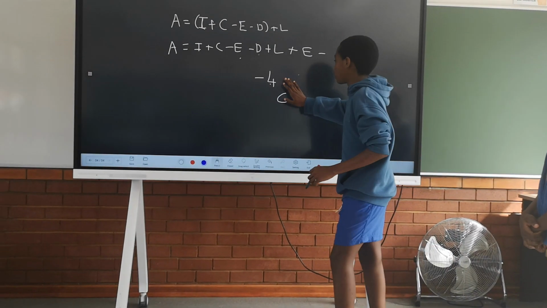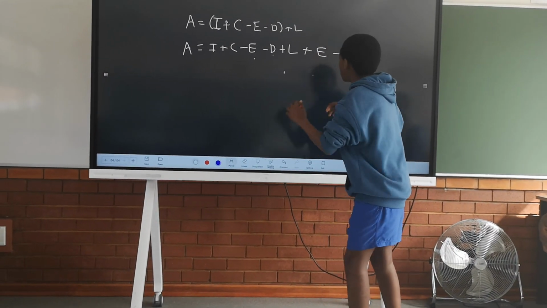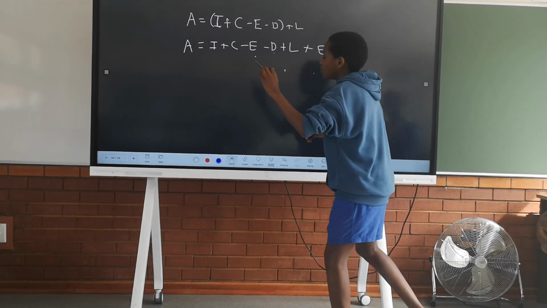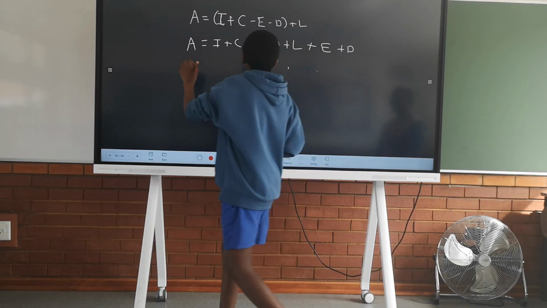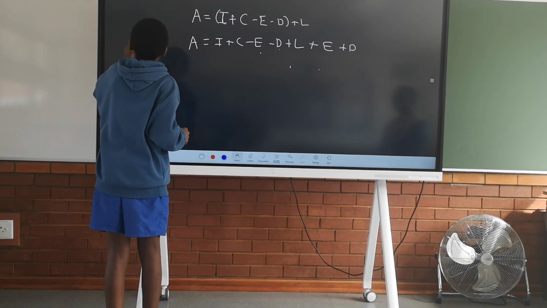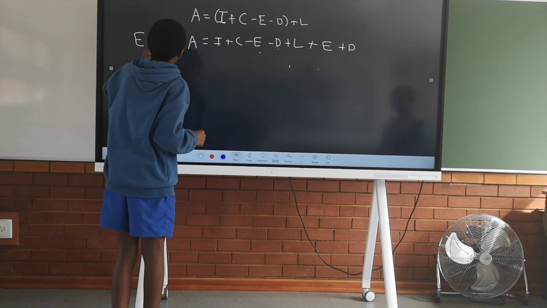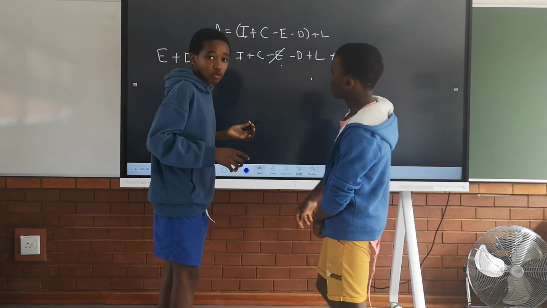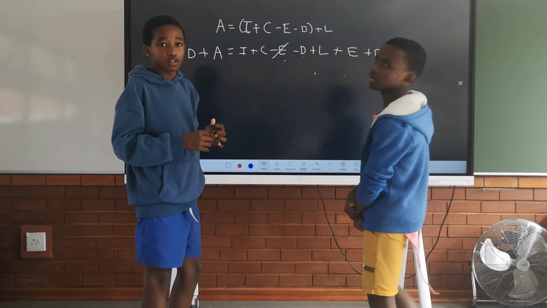And now, for the sake of keeping our equation balanced, we have to add on both sides. So we're also going to add on the left hand side. What you do on the left hand side you must also do on the right hand side. So that is additive inverse.